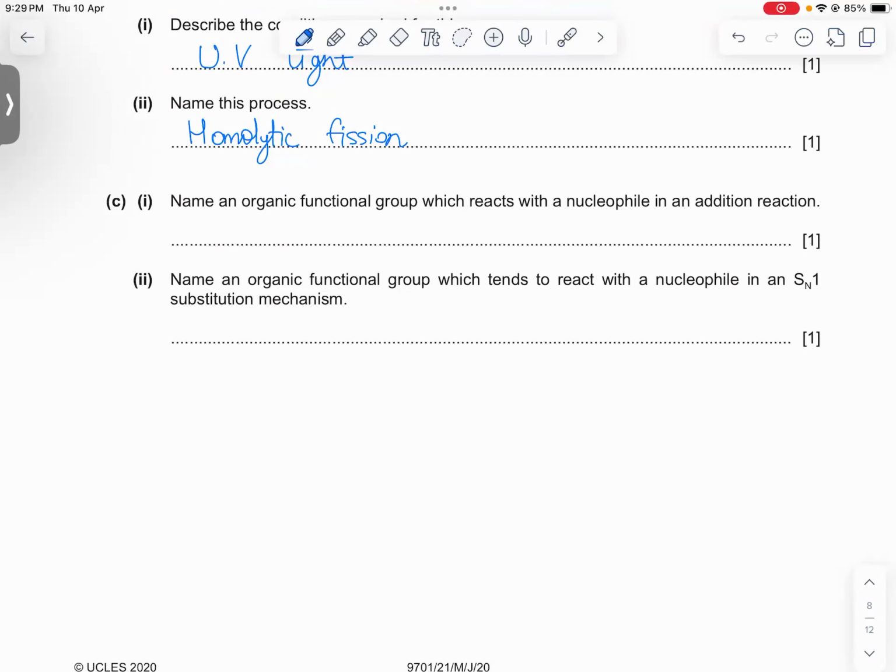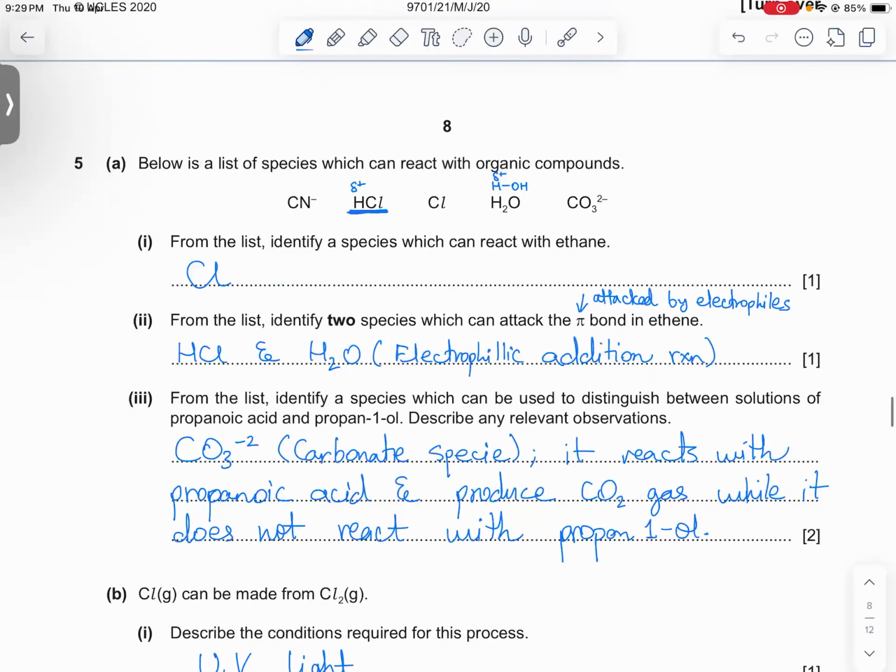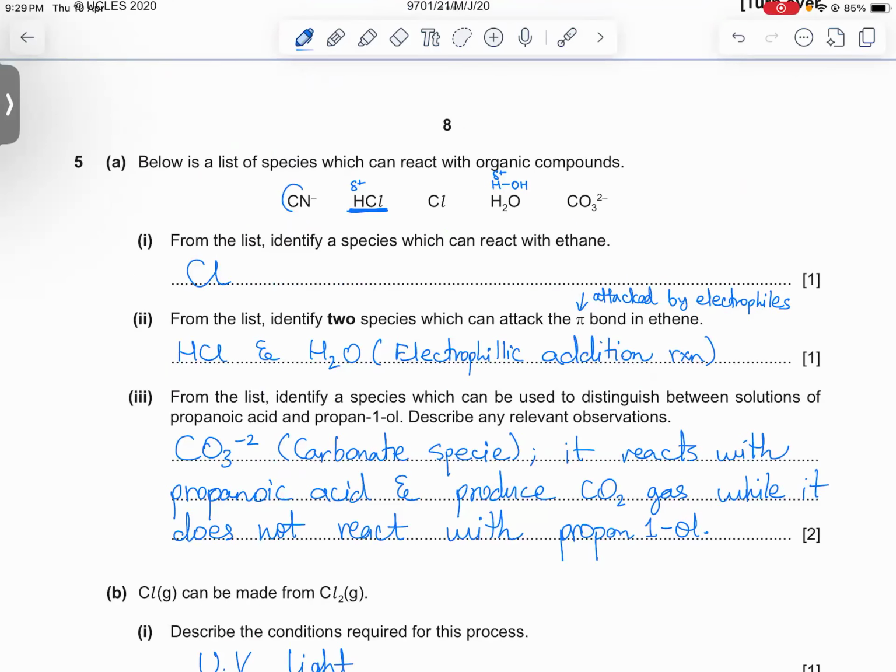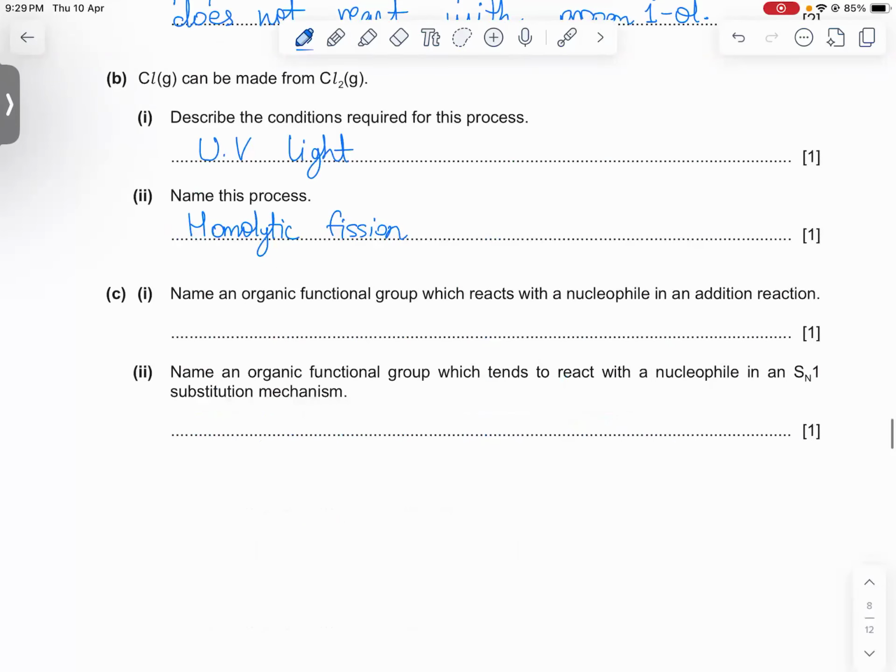Name an organic functional group which reacts with a nucleophile in an addition reaction. So first of all, if you look at these species, this is a nucleophile. And where have we studied the reaction of the cyanide ion? If you remember, the nucleophilic addition to carbonyl compounds to produce hydroxynitriles. That was the whole thing.